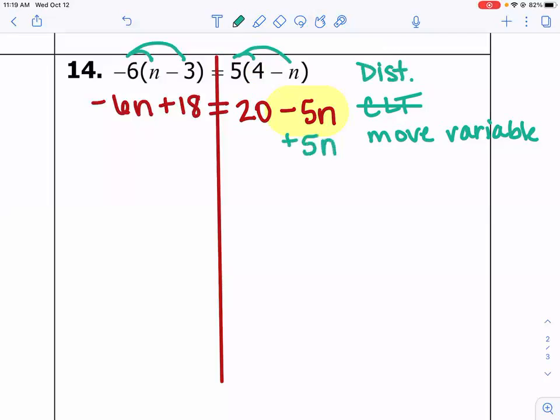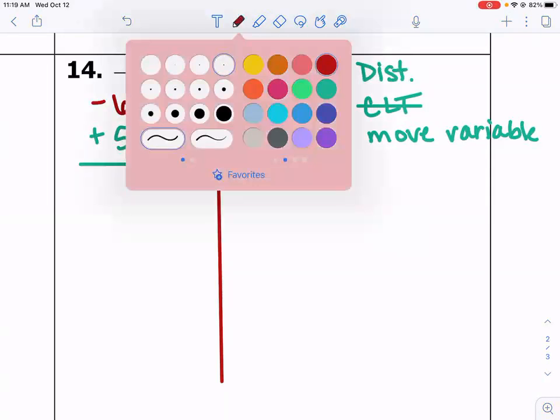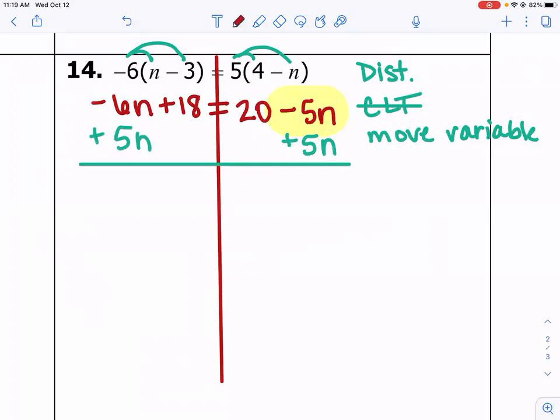We're going to add 5n. You are correct. And notice how I'm stacking that plus 5n underneath my other term as a reminder that those need to go together. Okay. Minus 6n plus 5n. Negative 1n. Our plus 18 is still there. Equals our 20 is still there.